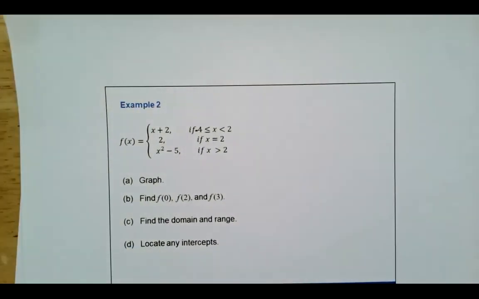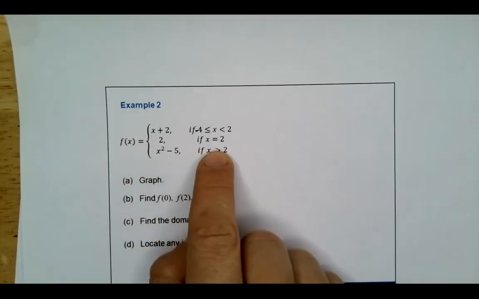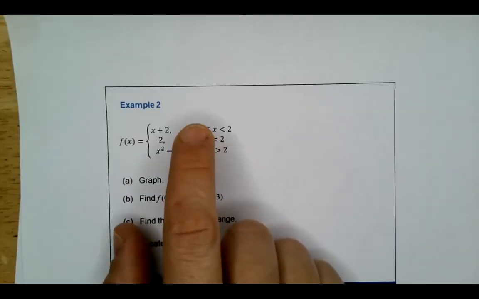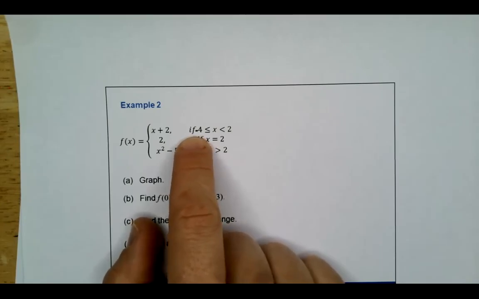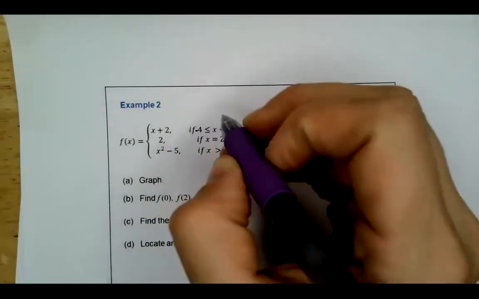This one's harder. It's harder to enter f of x equals 2 if x equals 2 into Desmos. So I would recommend just putting in negative 4 less than or equal to x less than 2 colon.